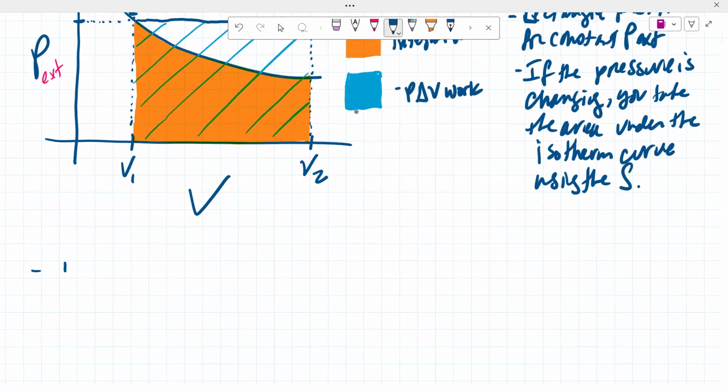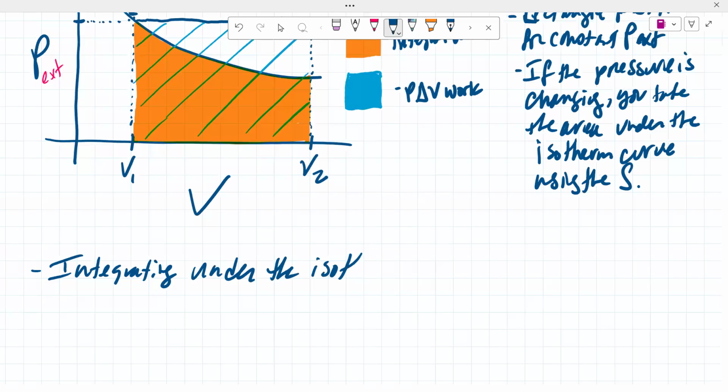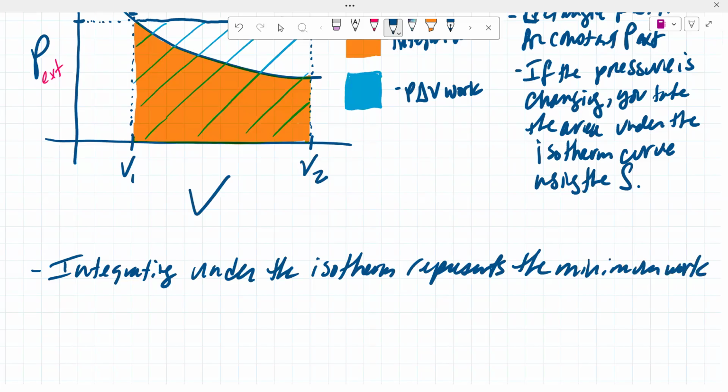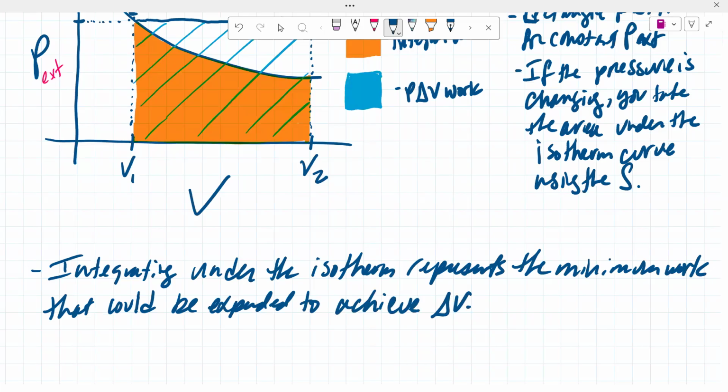Integrating under the isotherm represents minimum work that could be expended to achieve delta V. Notice work is not a state function.